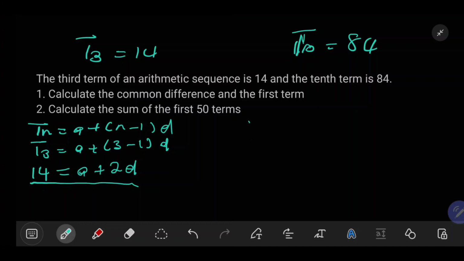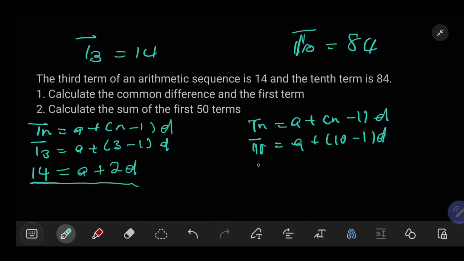And then here they say the 10th term is 84. Similarly, we do the same. Tn equals a plus (n minus 1) multiplied by our difference. Okay, so if we are looking for term number 10, it means where we see n, we're going to substitute 10. We know the value of the 10th term, which is 84, which is equal to a plus 9d.